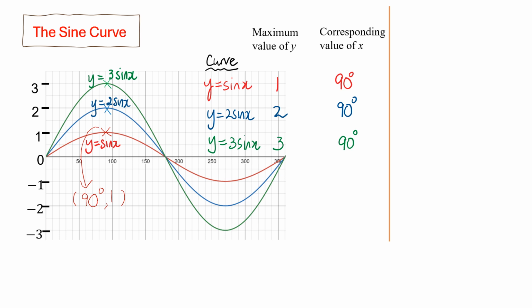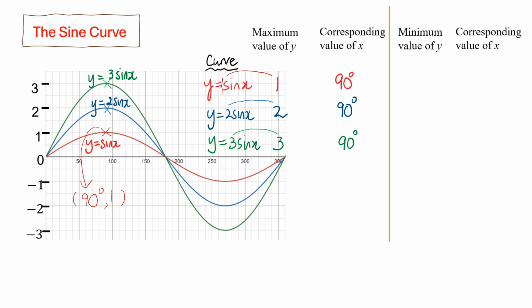You see that the angle that gives you the maximum values all happens at x equals 90 degrees, and the coefficient of sine x gives you the maximum value of y. If you look at it again, you will be able to see the relationships.